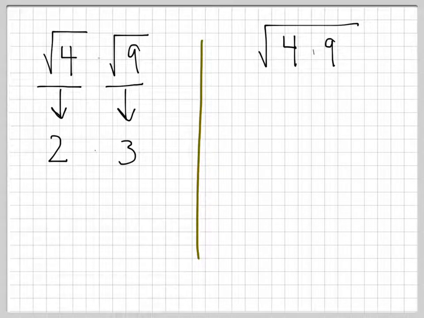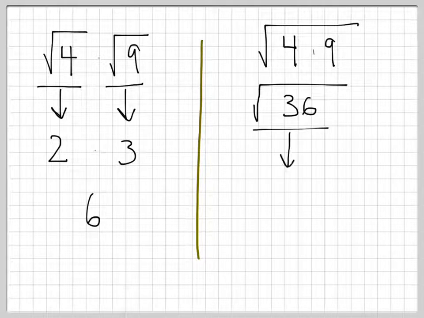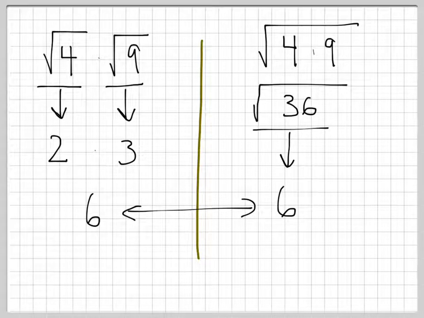So if we take radical 4 and multiply it by radical 9, it's the same thing as multiplying 2 by 3, and 2 times 3 is 6. 4 times 9, on the other hand, is 36, and so this radical is 6. And we see that we get the same thing either way.